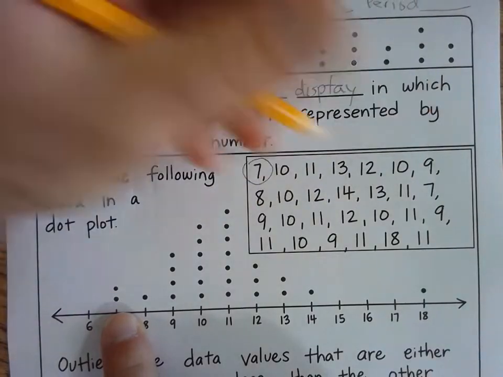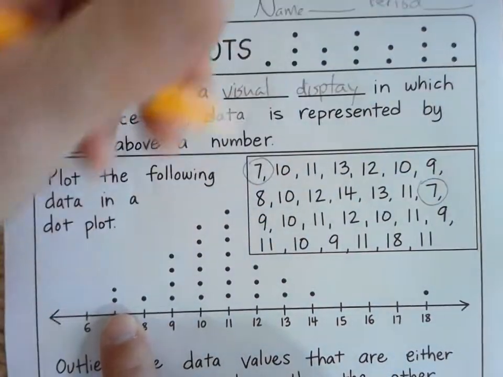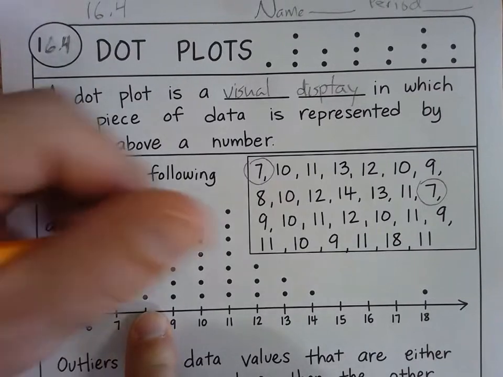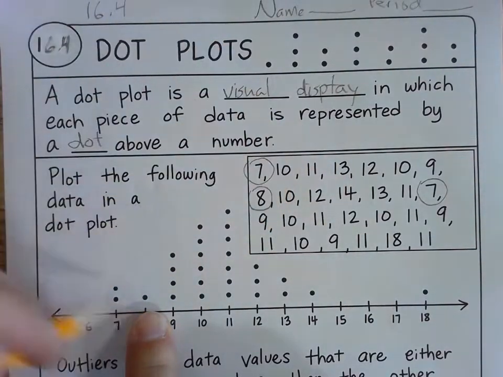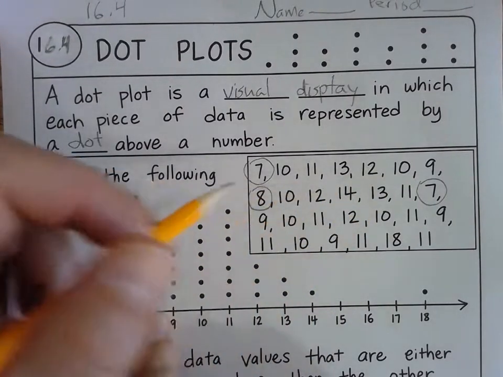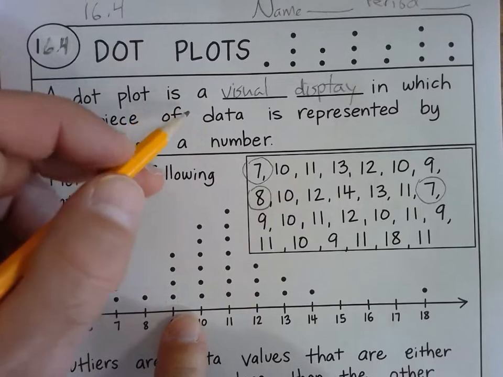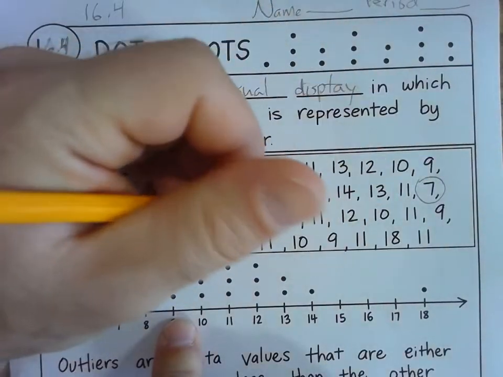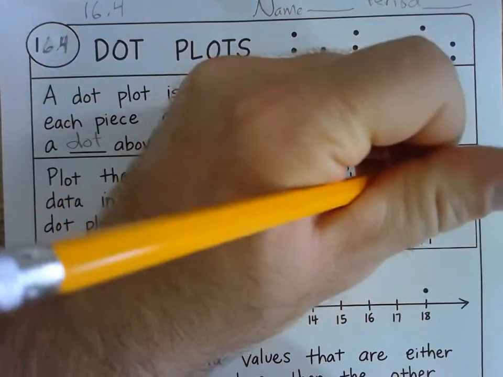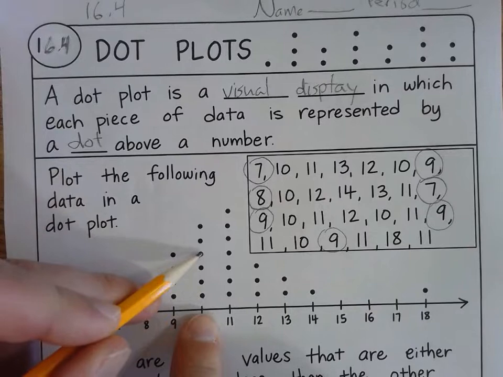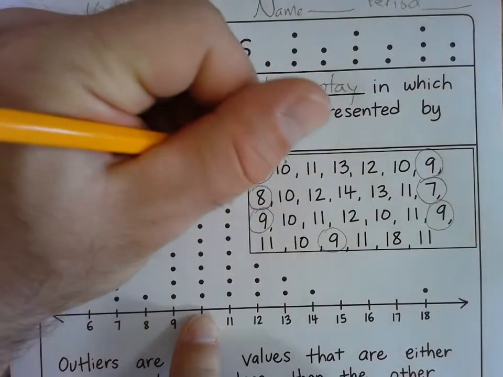So as you plot the numbers, you want to circle them. So there's my sevens. I have 1, 8, so I would plot that. They already have it plotted for you, but I'm just showing you, when you look at all your data, you want to circle it as you go. You have 4 nines. So 1, 2, 3, 4. You have 6 tens.